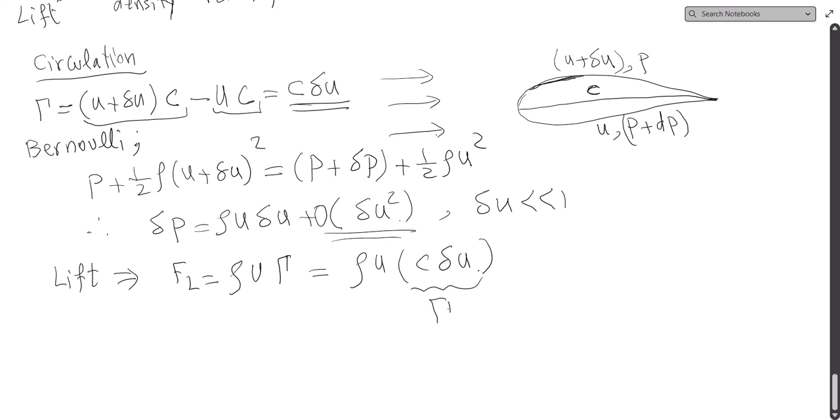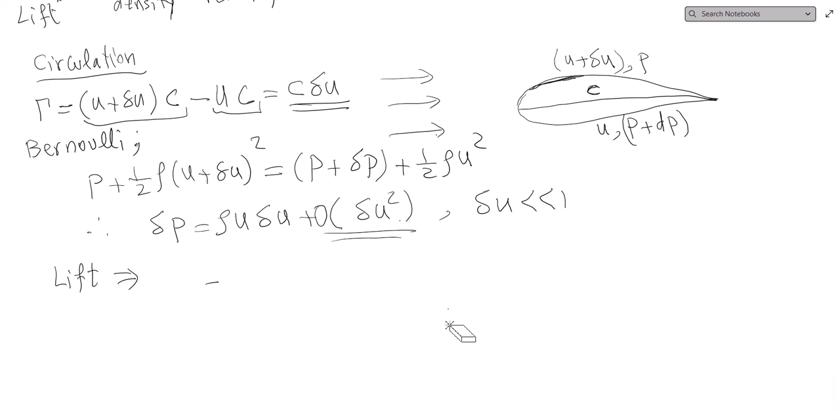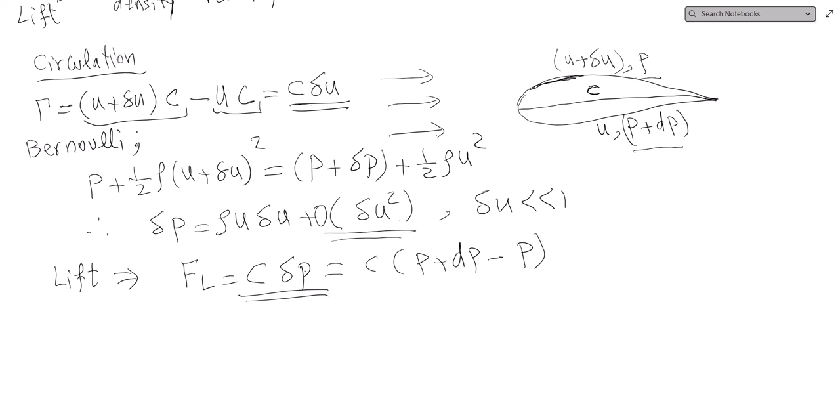Actually, maybe it is better to do it from what we know. We can say that my lift force is actually the median chord C times delta P, because as we mentioned, it is the difference between these two pressures. If you like, I can write it P plus delta P minus P. So this is my lift.